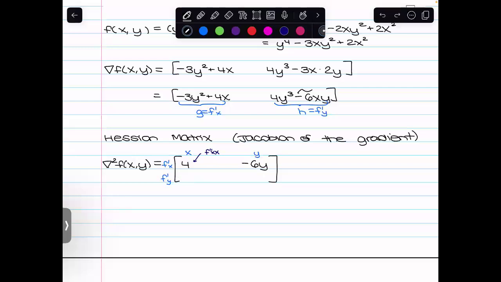So with respect to x, y is being treated as a constant, so it'll be minus 6y. Which also, of course, it is symmetric, so this has to be the same. And then with respect to y, we're going to get here 12y squared. And then now x is part of the coefficient, so we should have minus 6x.